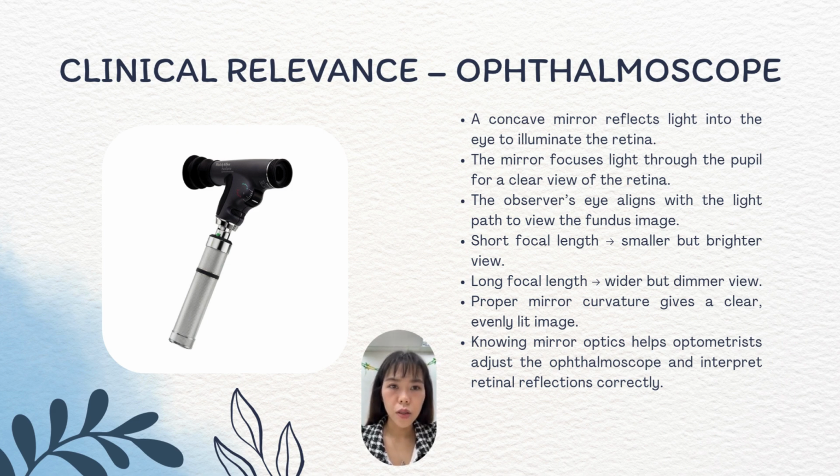This allows us to inspect the fundus, detect retinal abnormalities, and assess the optic disc and blood vessels. Therefore, understanding mirror behavior is essential for operating and interpreting results from instruments like the ophthalmoscope.